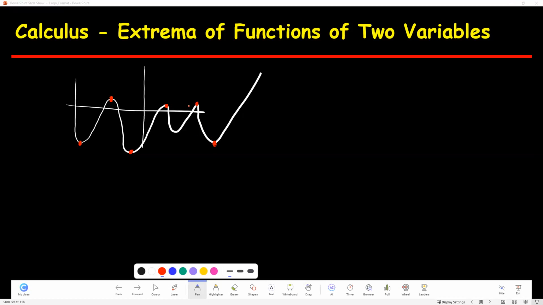Right? These are the points where the curve makes turns. And when the curve makes turns either this way or this way, these are the points I'm interested to know about. So I'm going to call them A, B, C, D, E, F. Maybe here it is G.